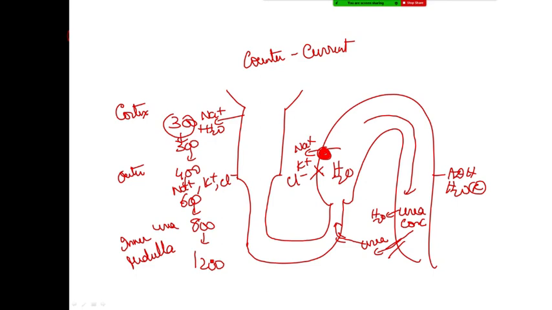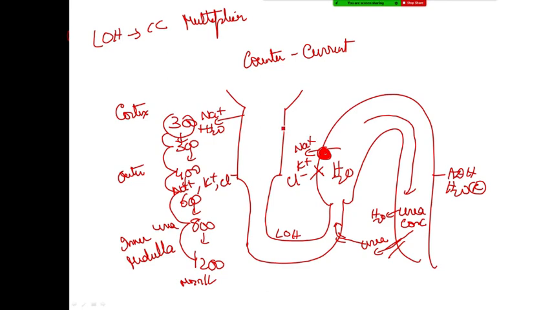So it reached a maximum of 1200 to 1400 milliosmoles per liter, which is a favorable osmolarity. So your loop of Henle is responsible for multiplication of this gradient. So you call the loop of Henle the countercurrent multiplier.